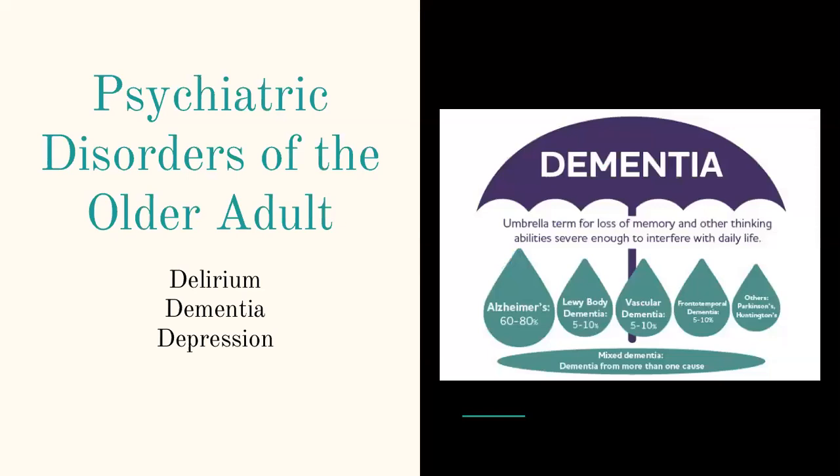And then we have our psychiatric disorders of the older adults, or the 3Ds, which are delirium, dementia, and depression. Depression is going to be the same as it is in the adult population, but what we find is there is a spike in depression for our older adult population. And part of that is because a lot of their social network and their friends may start to die.